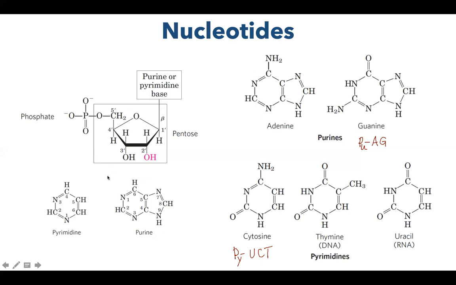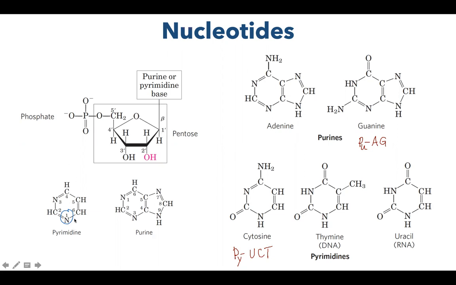So the attachment of your pyrimidine to the pentose moiety or sugar moiety of your nucleotide is via nitrogen 1. So this is the one attached to 1' carbon of the ribose.